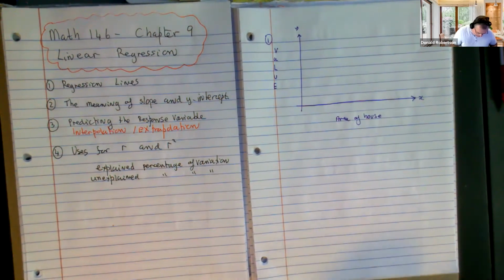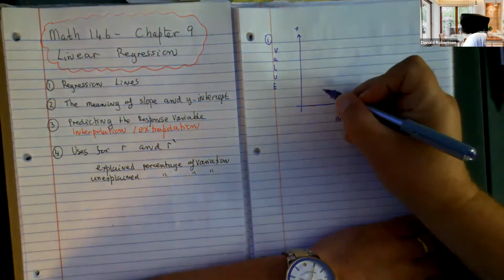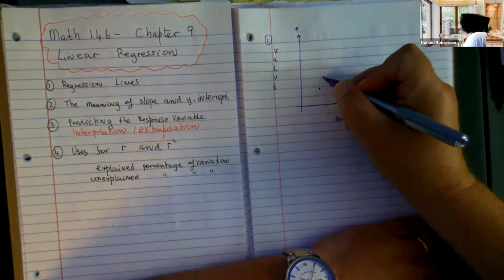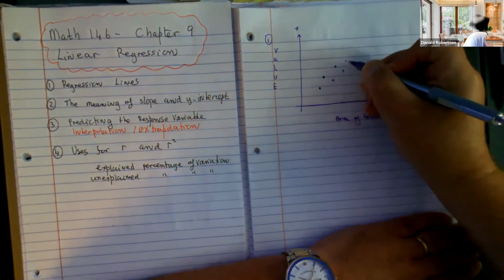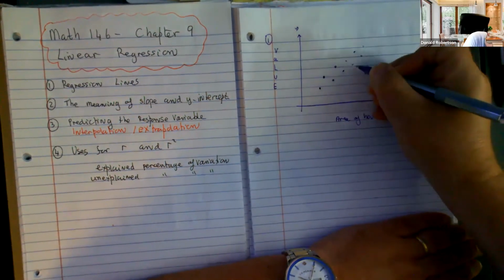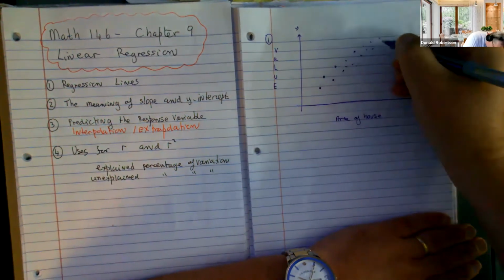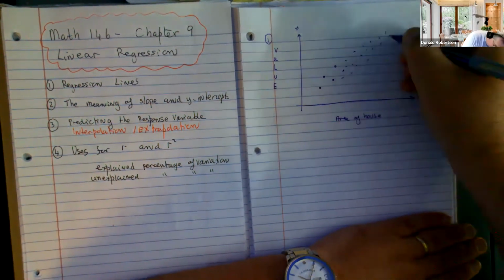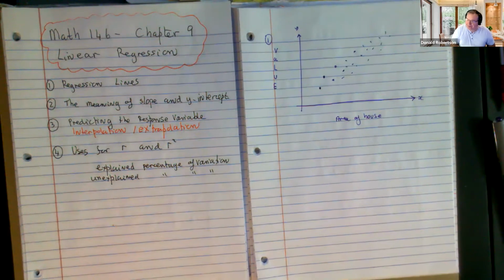And if you plot area of a house against what it sells for, it wouldn't surprise you, I think, that it would at least be positive. And it depends on the area. It's probably going to be pretty linear, right? That seems reasonable. Big house costs you more, little house costs you less, right?